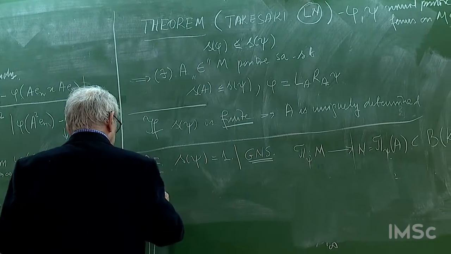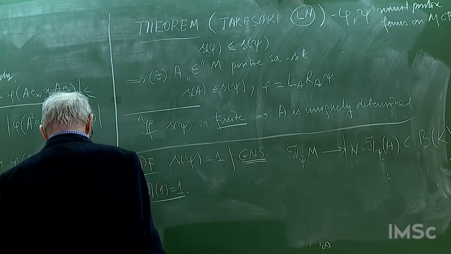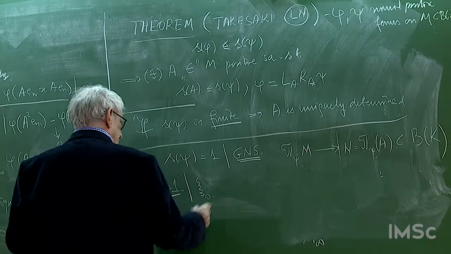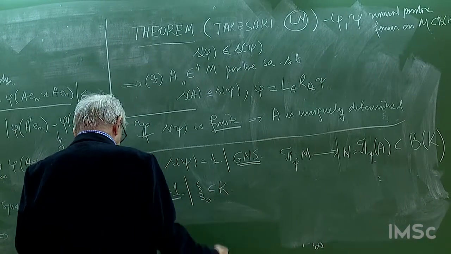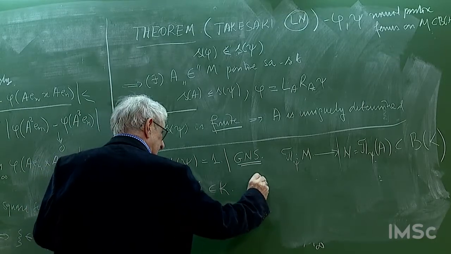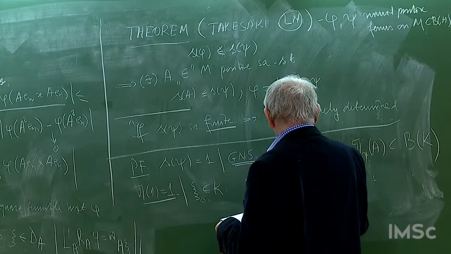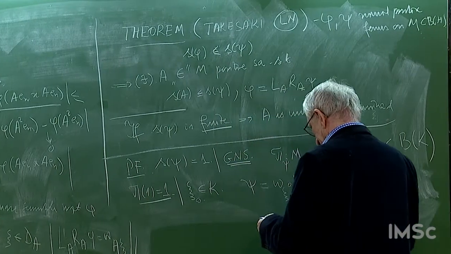Such that P of 1 is equal to 1, is a unital morphism, and you have a bicyclic vector, let's put it psi naught in K, such that psi is equal to this vector form, omega psi naught, composed with P psi.